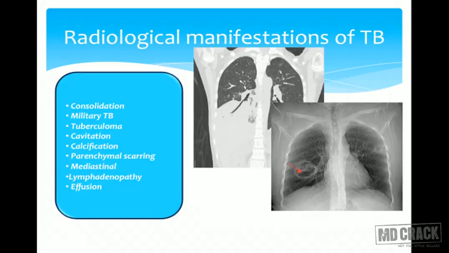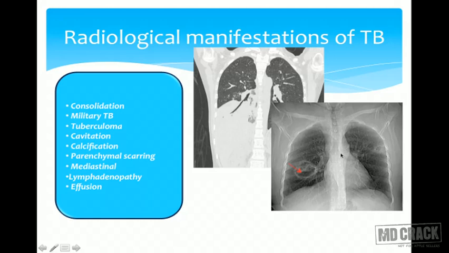Now, an extremely important point, especially for physicians in our country, is they need to know the radiological manifestations of tuberculosis. It can present as consolidation, miliary tuberculosis, a solitary pulmonary nodule or tuberculoma, or cavitation, as we see over here.